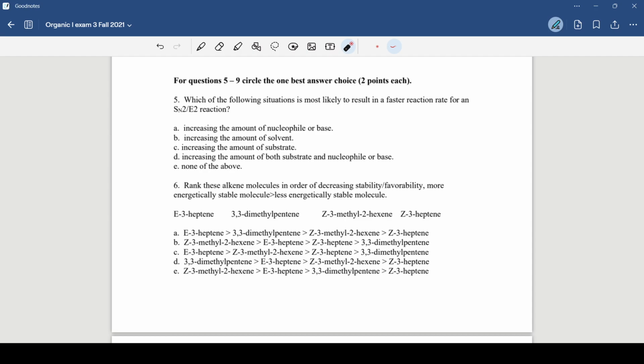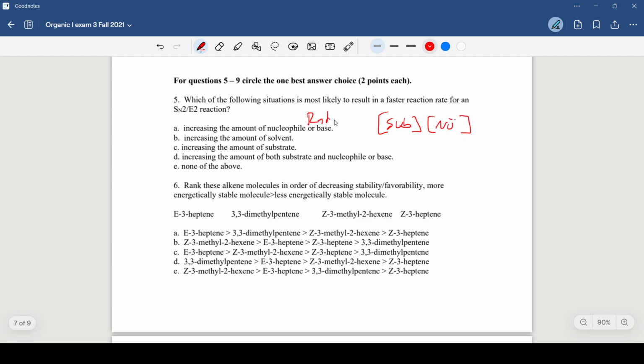Okay. Which of the following, this is also review, but if you forgot, SN2, remember the rate law depends on both the substrate and nucleophile.